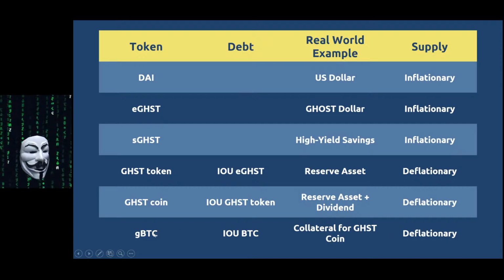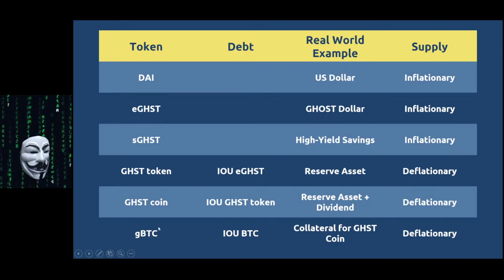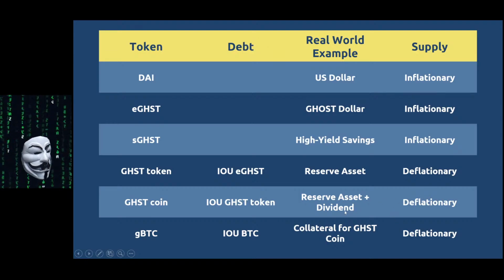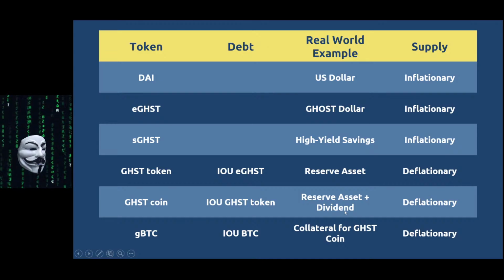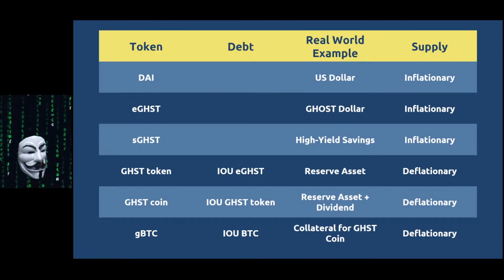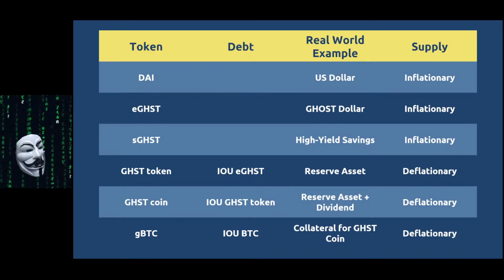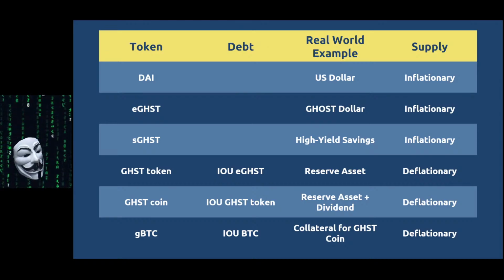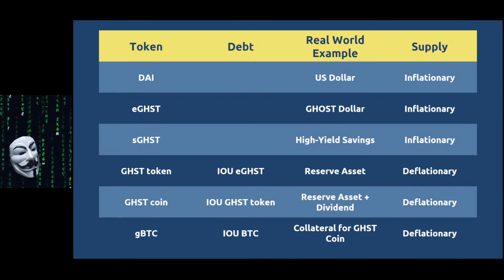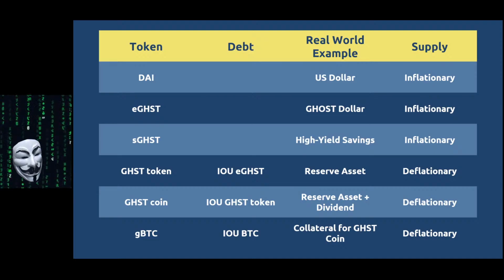You then generated a debt receipt by minting GBTC, which is also deflationary. You then used that deflationary asset as collateral to mint another deflationary asset that also generates dividend. So from a real life perspective, think about this. You have silver. You use silver as collateral to get gold that produces more gold. That's what we're doing here.